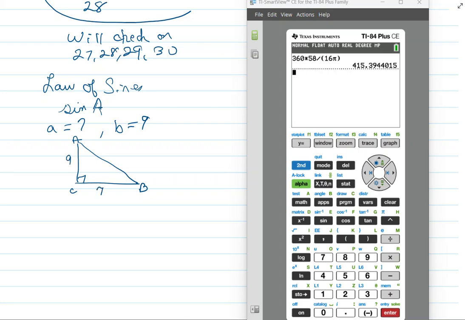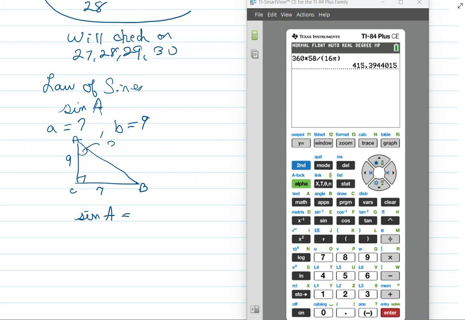All right, so we need, oh, well, this is cosine, isn't it? Oh, no, it's sine, but I don't have sine. They want sine A. Oh, okay. We just need trig. So we want this angle.